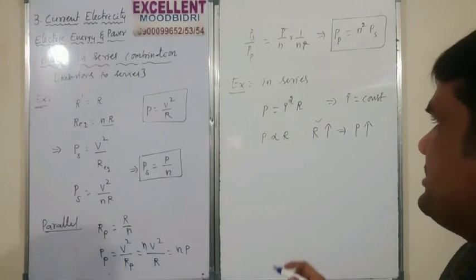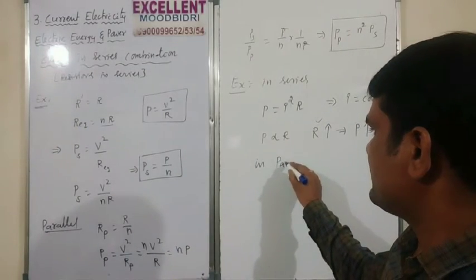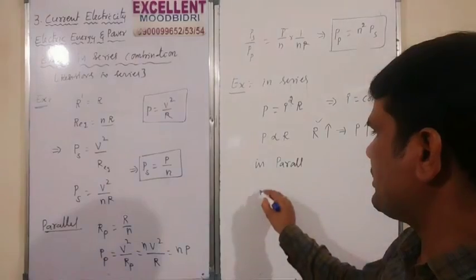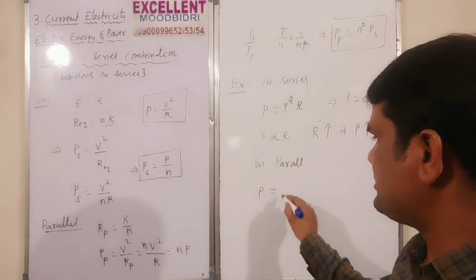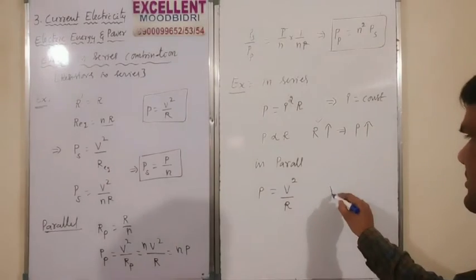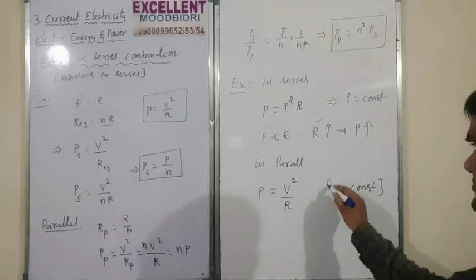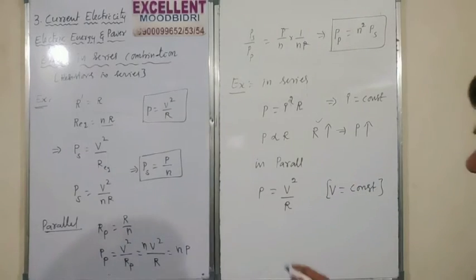Similarly, in parallel combination, we have to follow the formula P is equal to V square by R. Why? Because in parallel combination, V is constant.